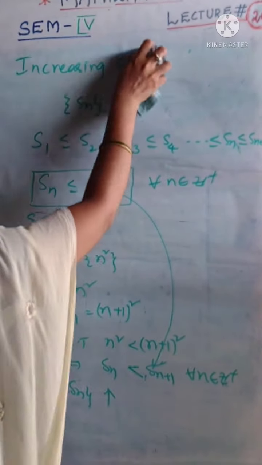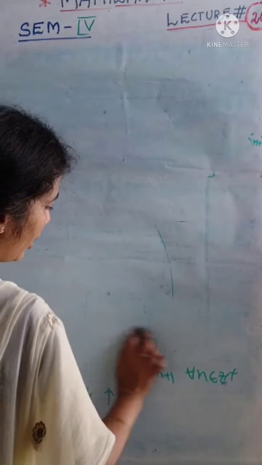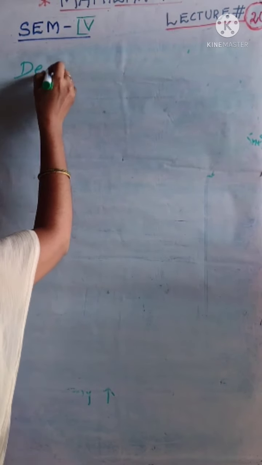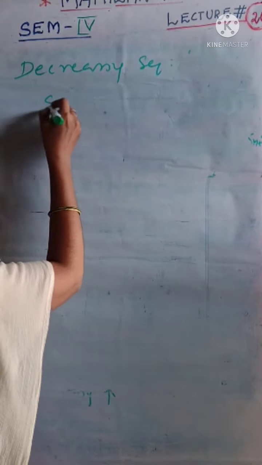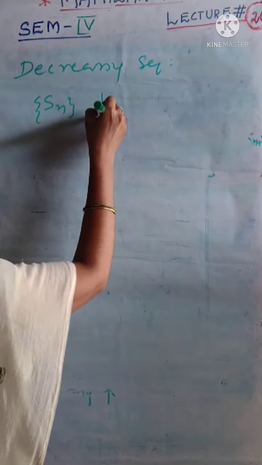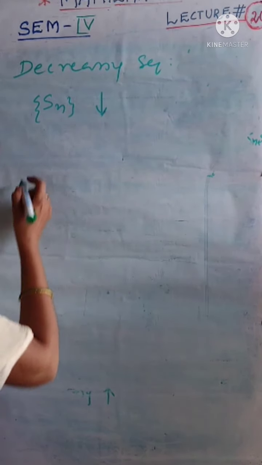Coming to the decreasing one, the next definition is the decreasing sequence. What is a decreasing sequence? We say that Sn is a decreasing sequence. The lower arrow indicates the decreasing notation.